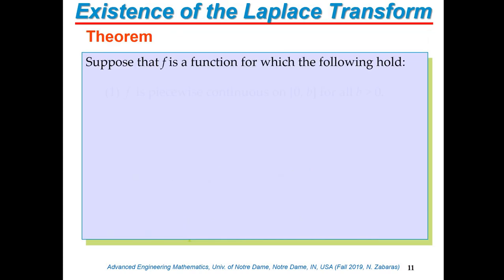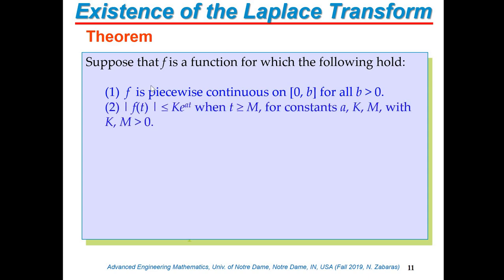So let me give a formal theorem for the existence of the Laplace transform. We're going to take a function that is piecewise continuous from 0 to b, and we're going to assume that in absolute value, this function is bounded by the exponential e to the at for some time t greater or equal to some reference time capital M, the other parameters all being constants, with k and M being positive numbers.